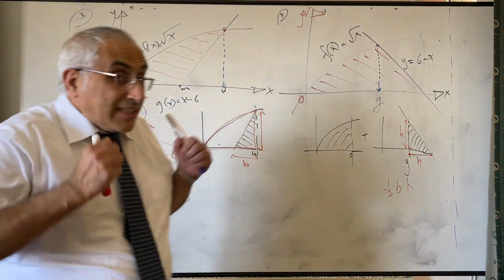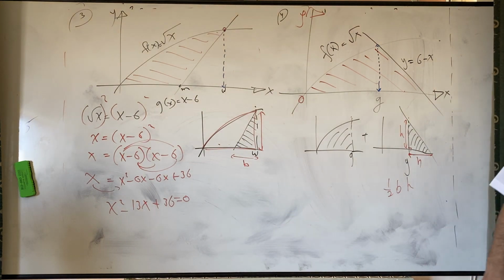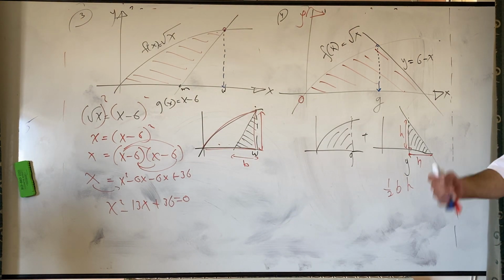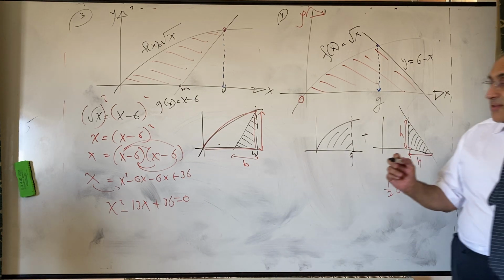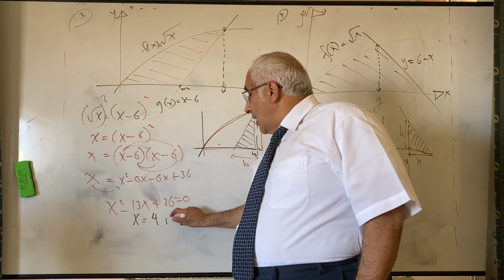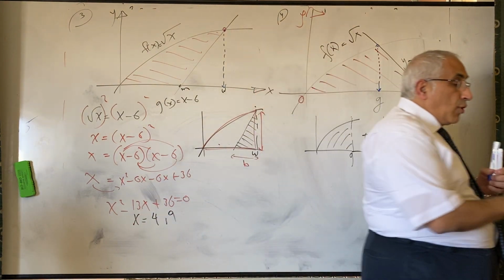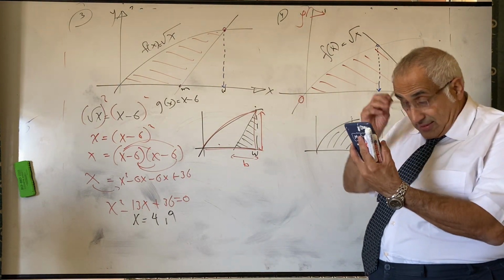If you are a little chicken about solving this by factorization, you probably can do it by calculator. You will have two answers: x equals 4, and I believe x equals 9. I want to double check, because sometimes I am dreaming when I do things.